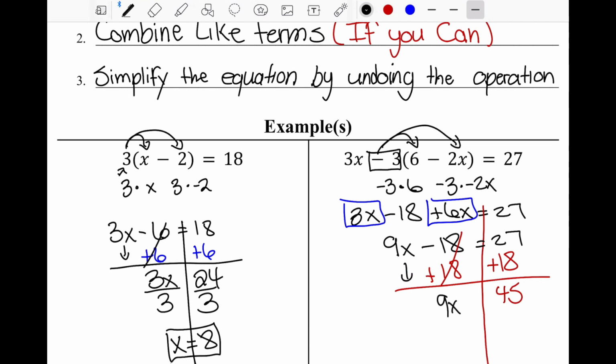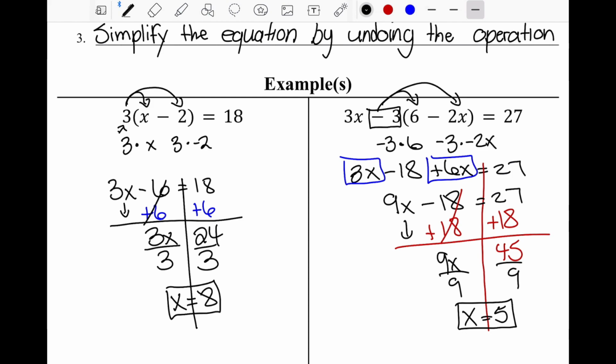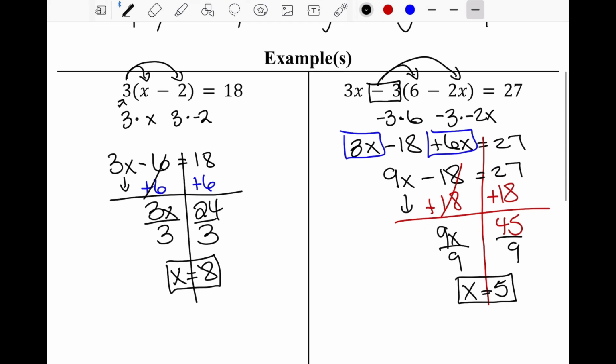Now 9x means multiply, so I have to divide to get rid of it. To get x by itself, I divide by 9, and 45 divided by 9 gives me 5. So the value of x for this one is 5. Alright, so we just completed 2 examples of how to solve an equation with distributive property.